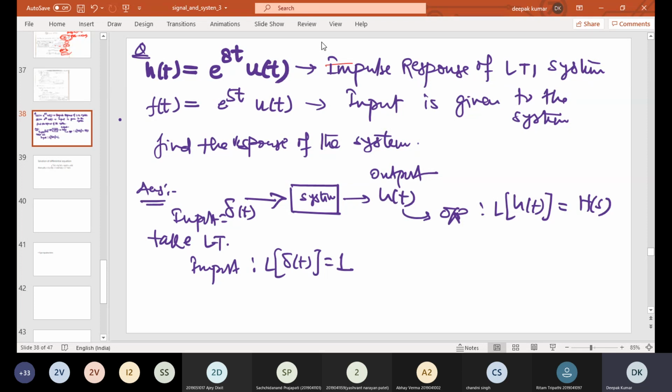Now take the ratio of the Laplace transform of input divided by the Laplace transform of output. What is the Laplace transform of input? Laplace transform of input is Laplace transform of delta function. Sorry, I have written wrong.